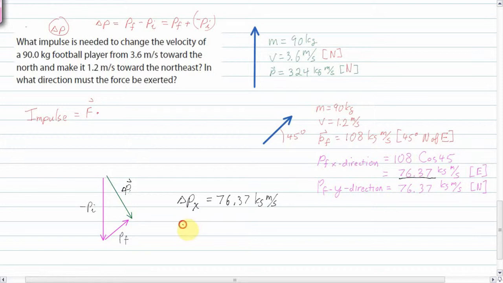And the change in momentum in the y direction is going to be 324 down and 76 up. So 324 down plus 76.37 up.